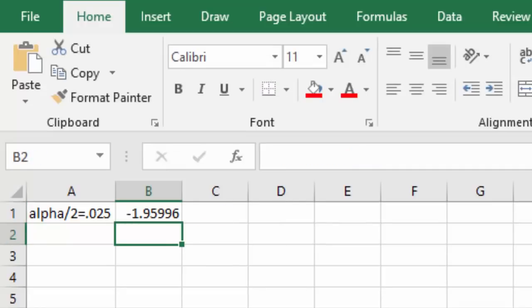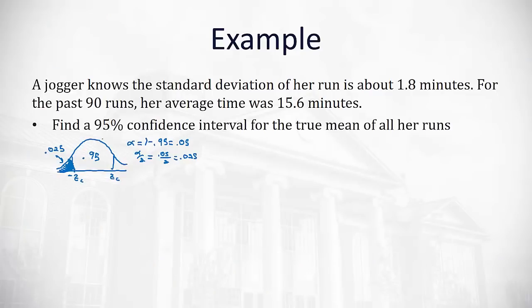And it's going to give us the z value, let's round to 2 decimal digits, of 1.96. So the negative z value was negative 1.96. The positive z value then is positive 1.96. That's our critical value for a 95% confidence interval.